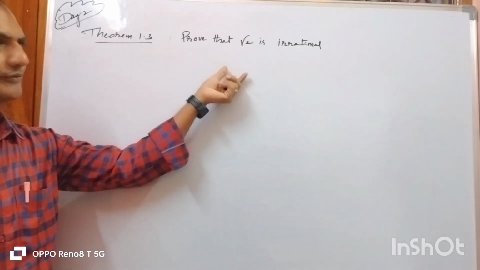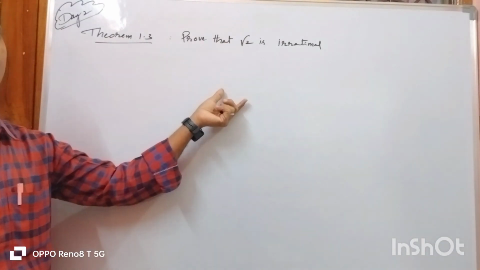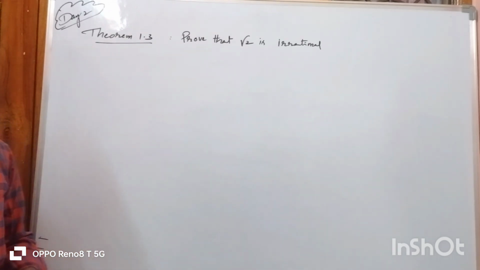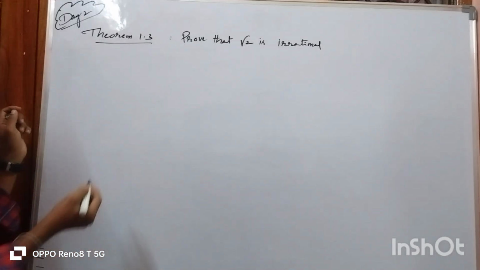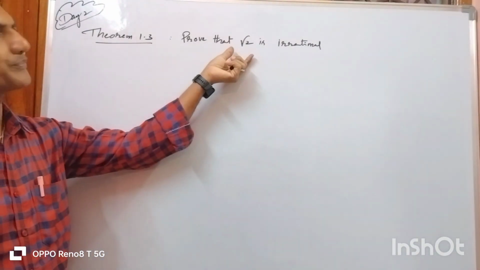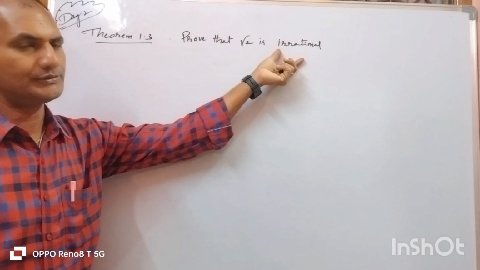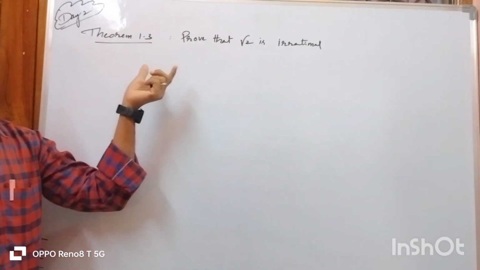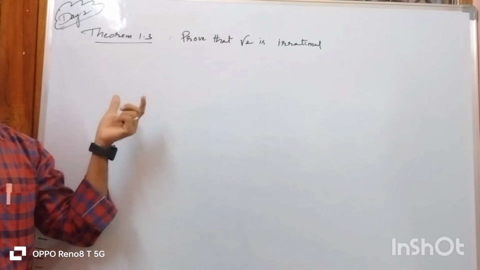If we know this one, we can prove root 3, root 5, root 7, root 8, root 9, whatever it is. How do we prove this? We have to prove irrational, so we can prove it by the contradiction method. What is contradiction?